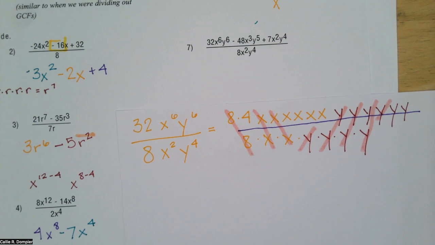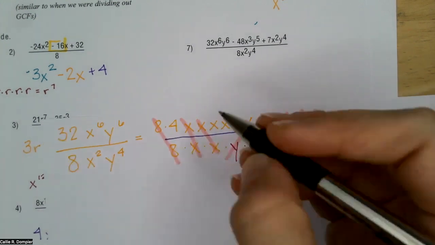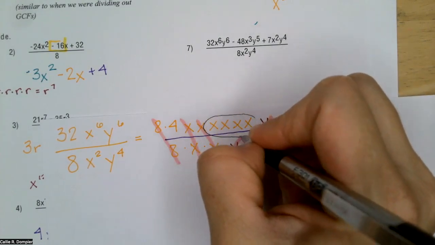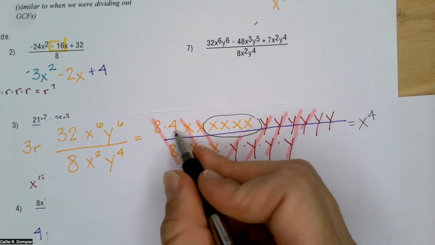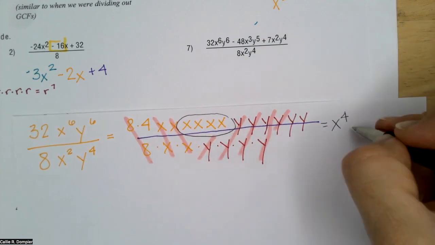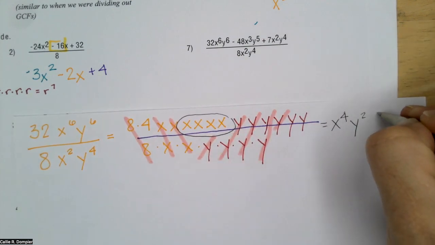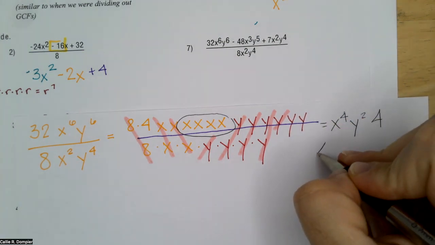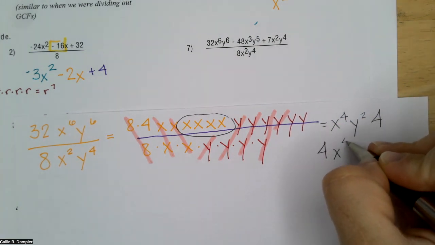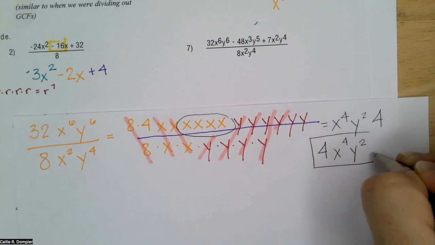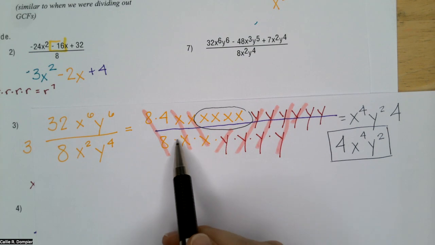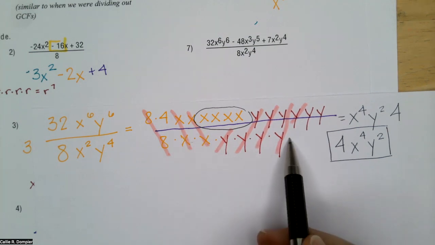I know I didn't make that very easy to look at, but we have the number 4 over here. 4 x's remaining, 2 y's remaining, and the number 4. 4x to the 4th y squared, and nothing on the bottom. The 8 canceled, the 2 x's canceled, and the 4 y's canceled.